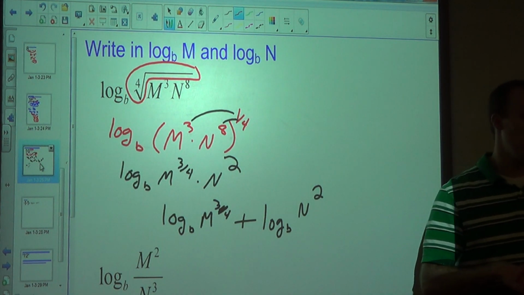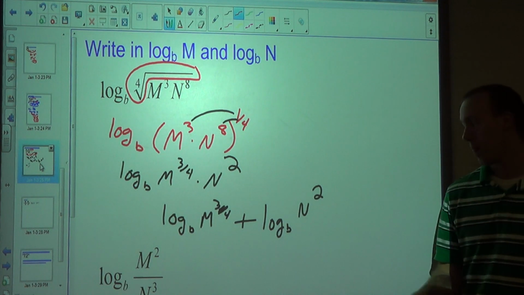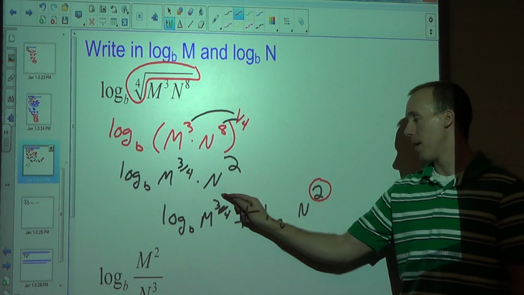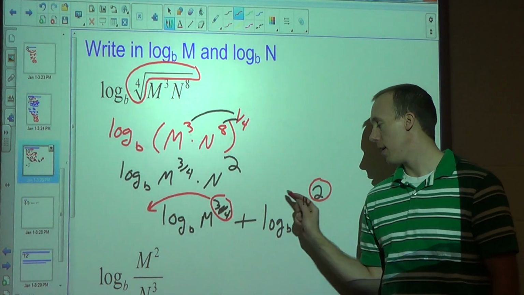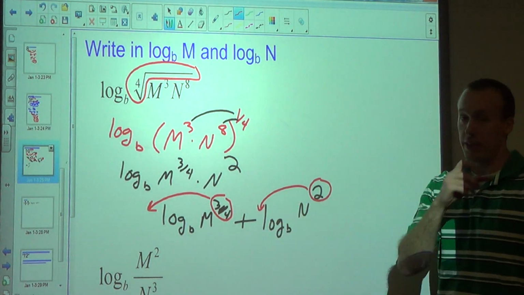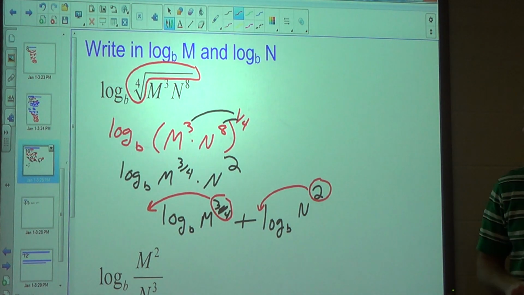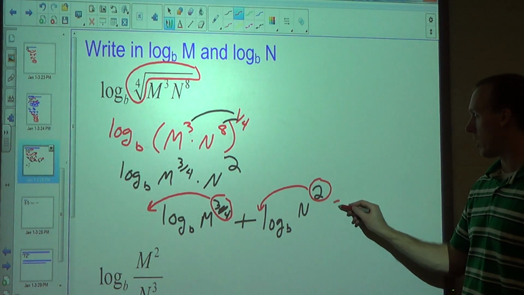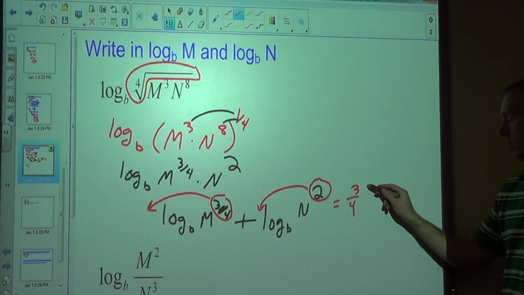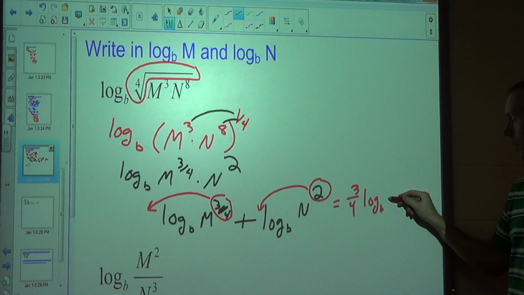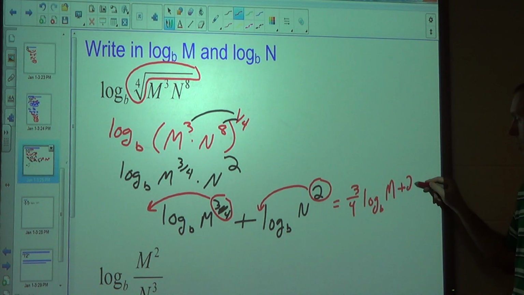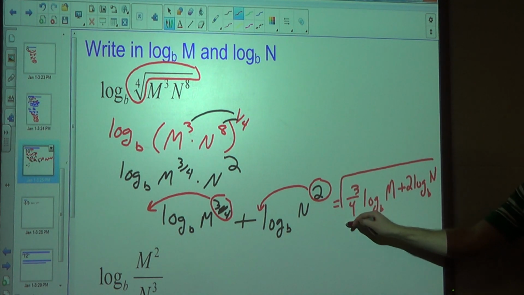What's the final step? Law number 4. Exponents move where? Oh, yeah. Okay, remember to do that on the test. That's a mistake students sometimes forget about. Okay, so then what's my actual answer? 3/4 log of m plus 2 log base b of n.